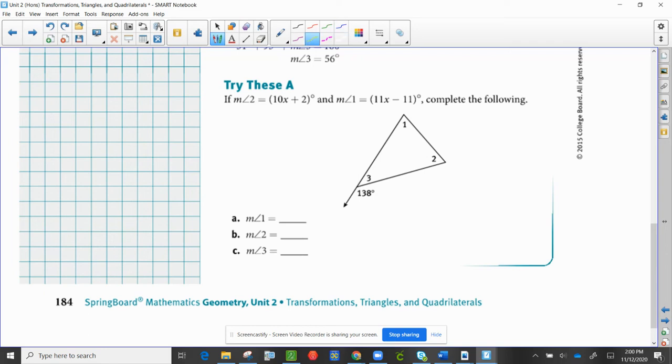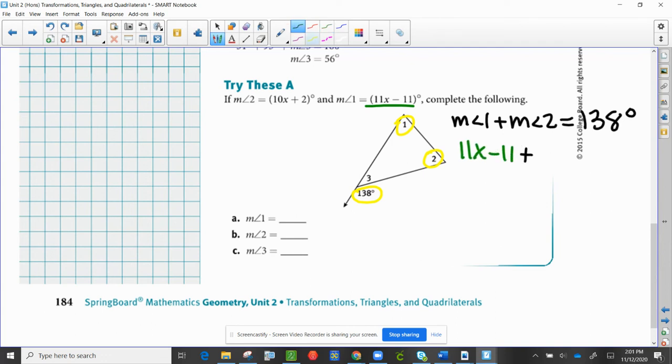But we know from that exterior angle theorem that if I take the measure of angle 1 and add it to the measure of angle 2, it should be equal to that exterior angle. So let's set it up here. We have the measure of angle 1 plus the measure of angle 2. That has to be equal to my exterior angle, which is 138 degrees. So let's substitute in here my equations. So angle 1 was 11x minus 11.